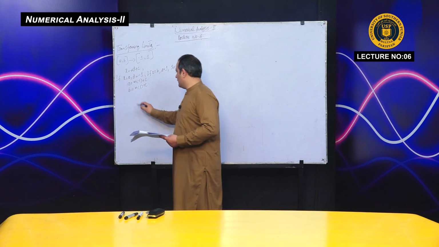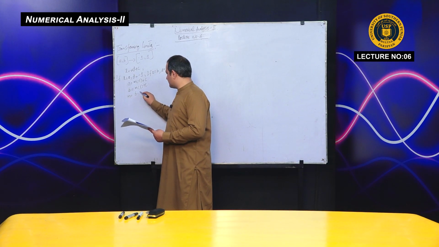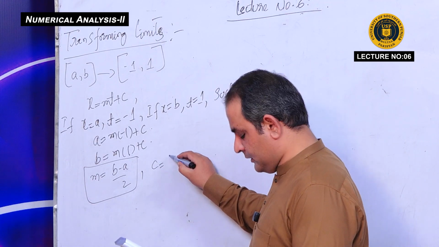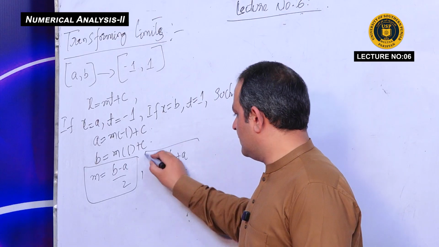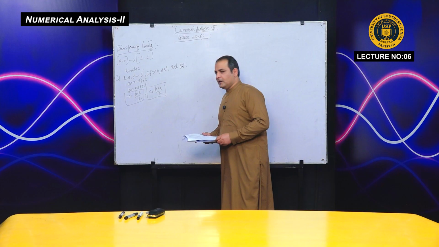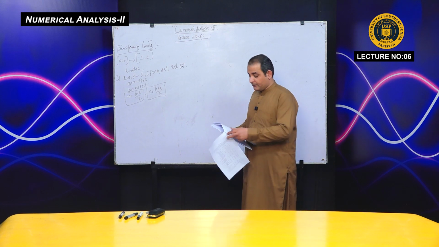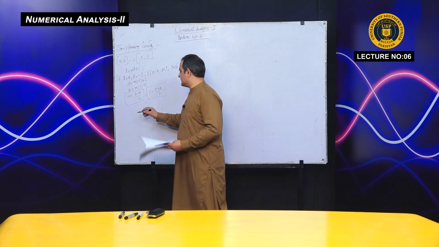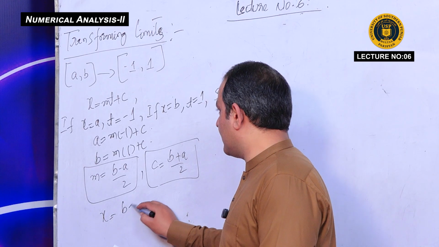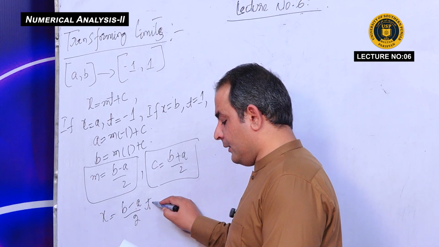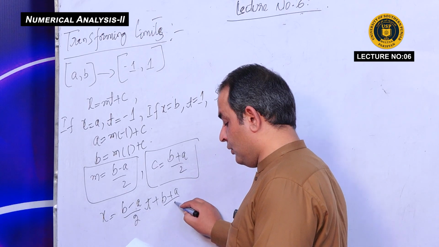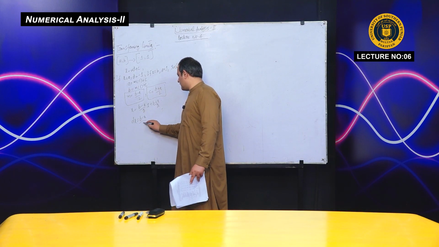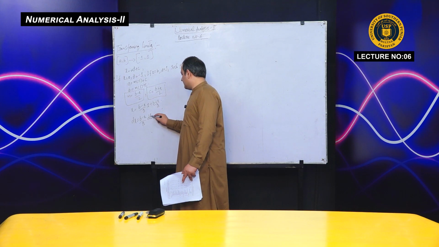Solving these two equations, you get m equals (b minus a) over 2, and c equals (b plus a) over 2. So x equals (b minus a) over 2 into t plus (b plus a) over 2, and differentiating, dx will be (b minus a) over 2 dt.